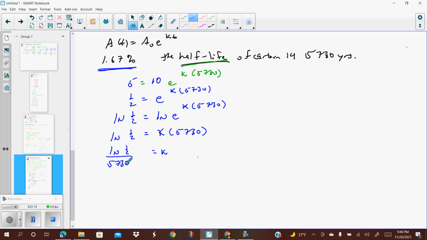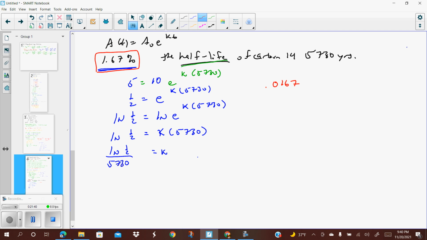What I do know is that what we are looking for now is for the total amount, which is the amount on the left-hand side, to be 1.6% of its original value. Well, remember that's a percent. We have to turn it into a decimal. So you're going to divide by 100, which is 0.0167. So what we've got is 0.0167.